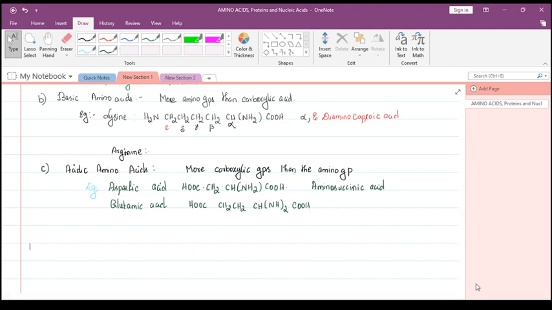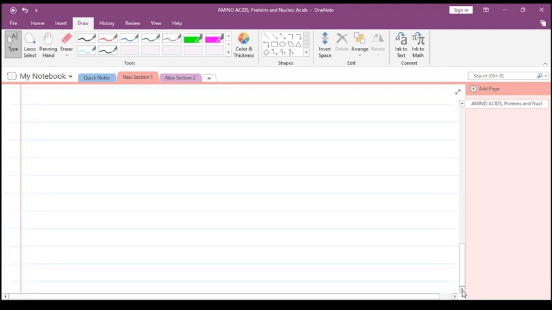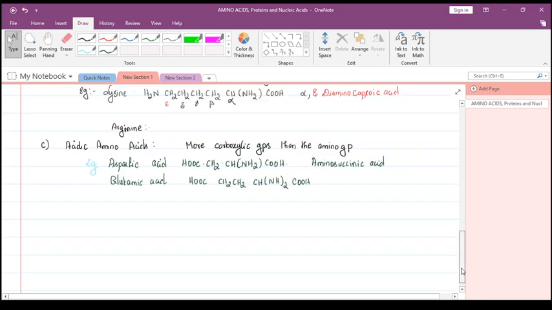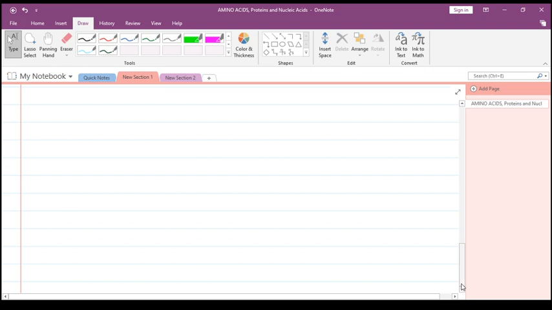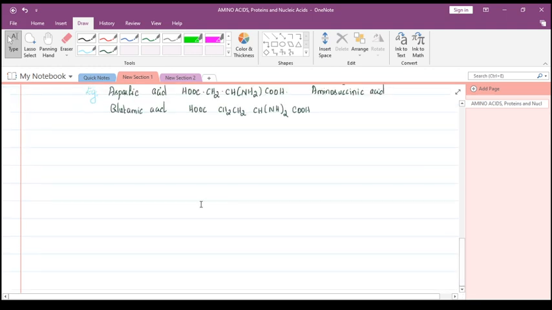Depending on that, these amino acids are classified as essential and non-essential amino acids.